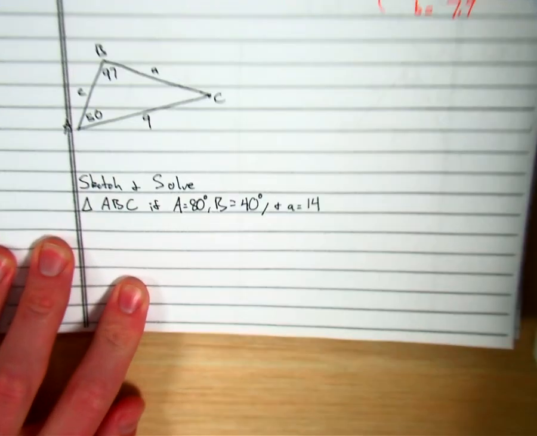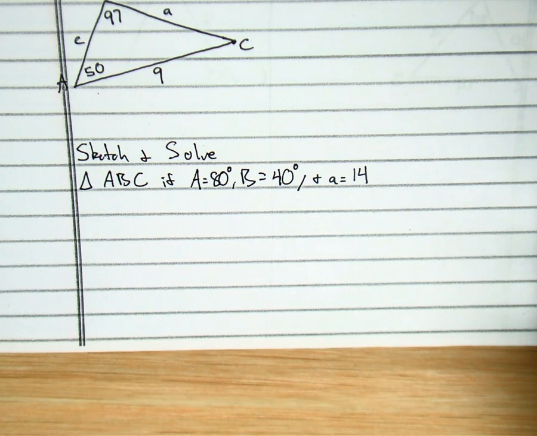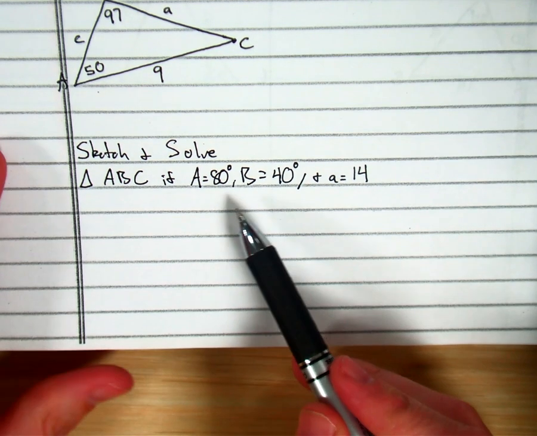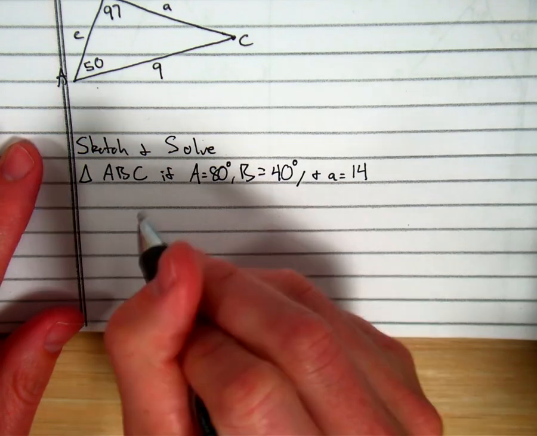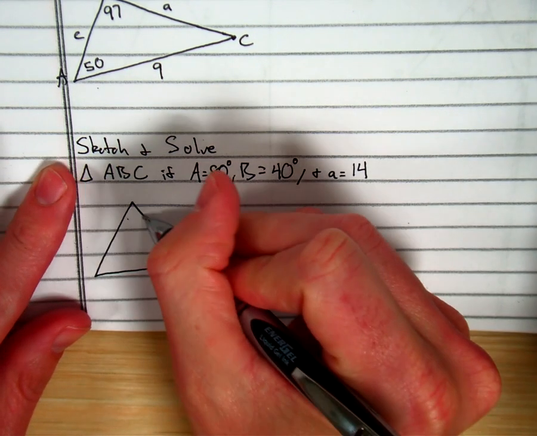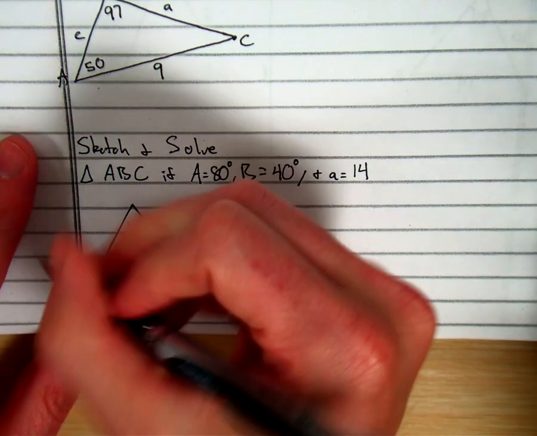Because you have to sketch the triangle yourself. Do not waste a bunch of time trying to draw a perfect triangle. I don't pay any attention to that stuff, and I'll just draw my triangle. Boom, boom, boom. Drawing it to scale does not matter.